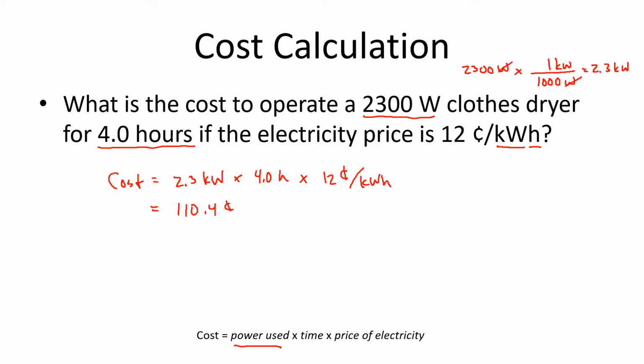And you could also change that into dollars if you want, because you know that there are 100 cents in a dollar. And so that would mean it'd be $1.10-ish. Okay, hopefully that helps.